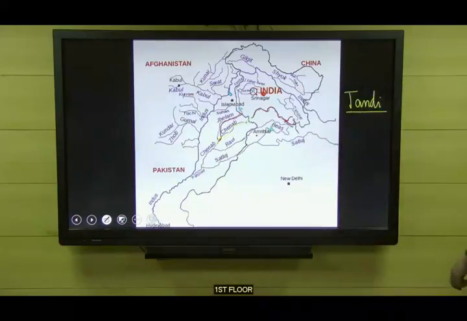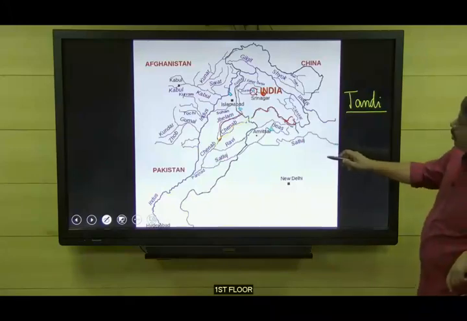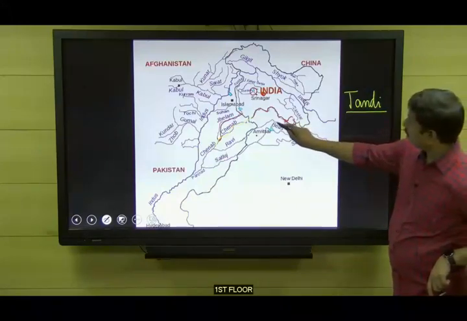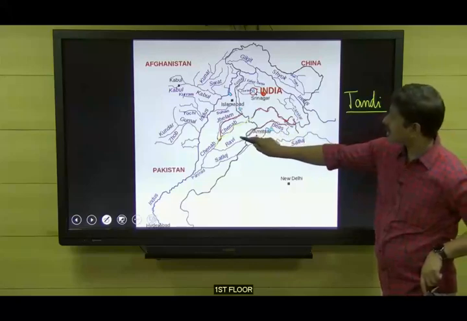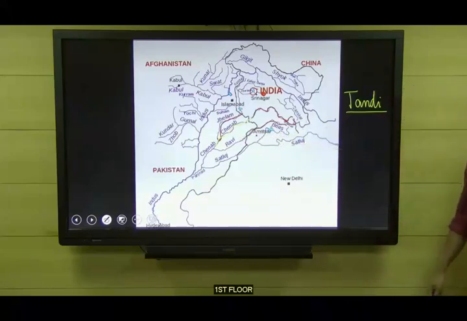It originates near Rohtang Pass. Even the Chandrabhaga also originates near that only. Rohtang Pass in Himachal Pradesh.